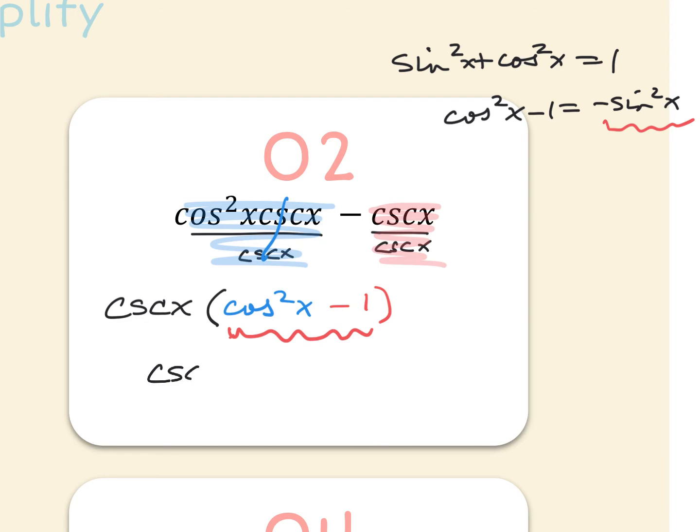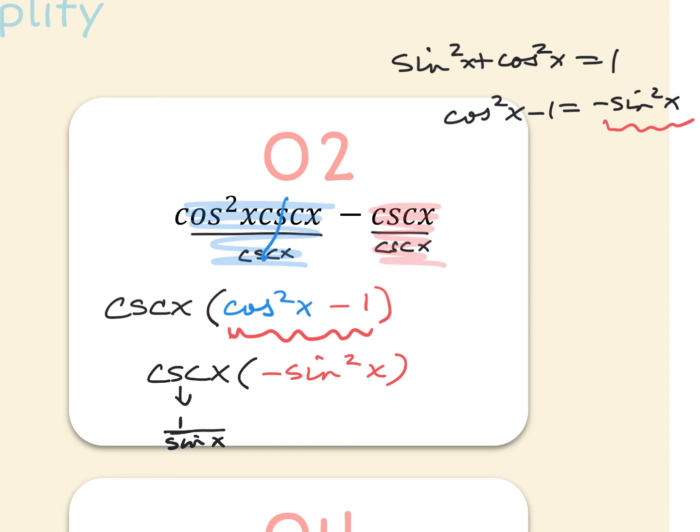So cosecant x times negative sine squared x. Now, in this particular problem, I don't want to multiply it and put it side by side. I'm going to simplify it a bit further by replacing cosecant with its reciprocal identity. So I'm going to change this. The reciprocal of cosecant is sine. So I'm going to change this into 1 over sine x.